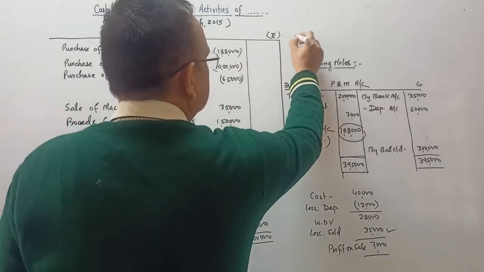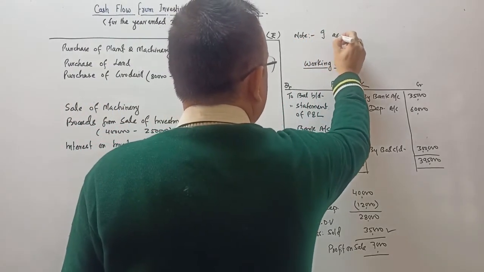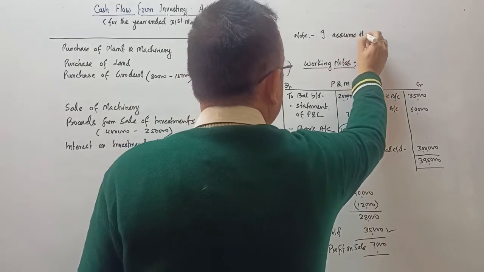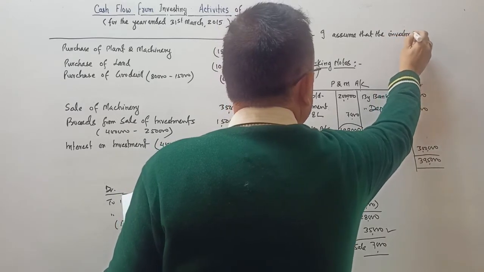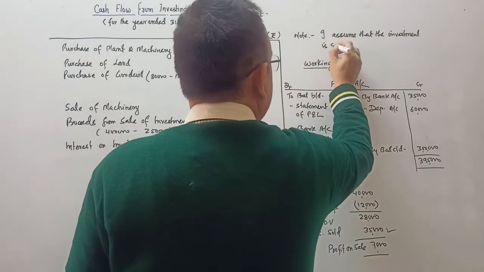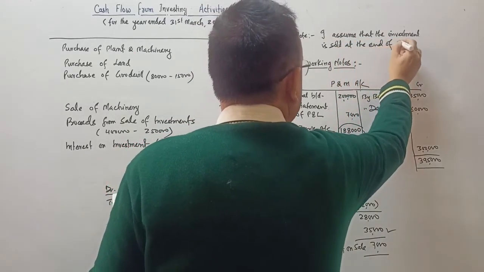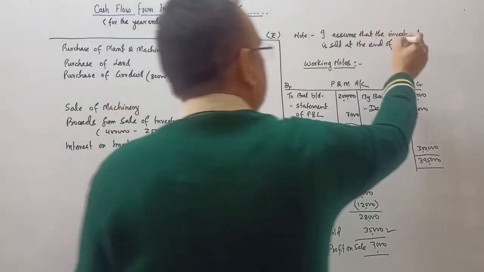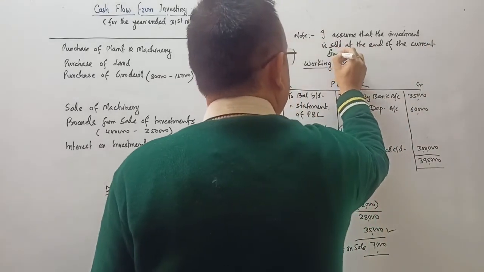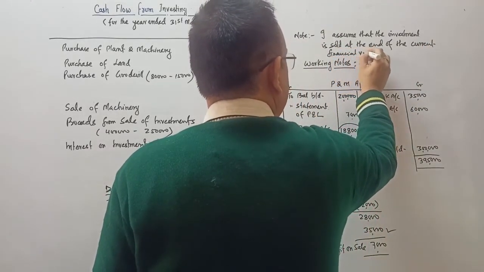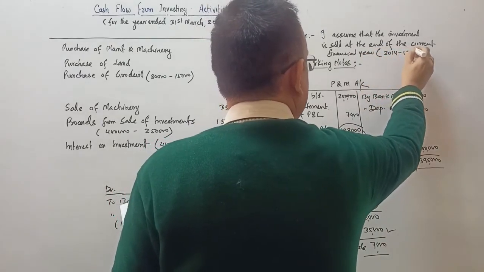You write in the working note: I assume that the investment is sold at the end of the current financial year, that is 2014-15.